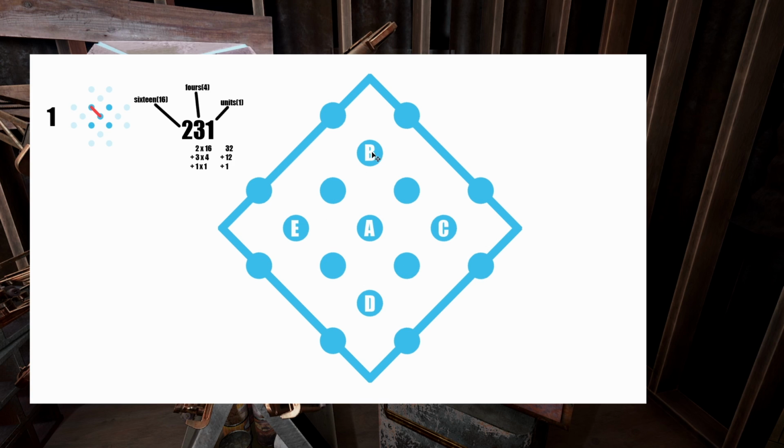The B column is here with the 4 surrounding points, and as you can see, A and B share 2 points, and that's okay. C is here with the 4 surrounding points, and D and E.